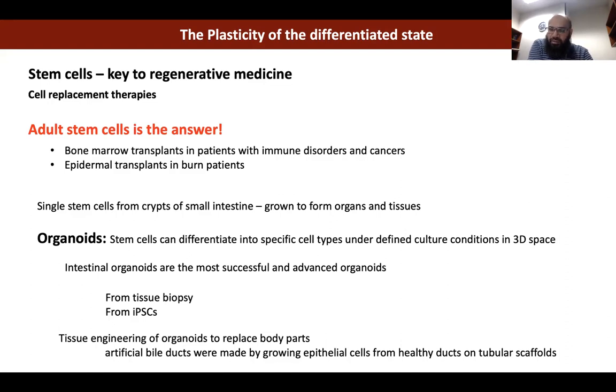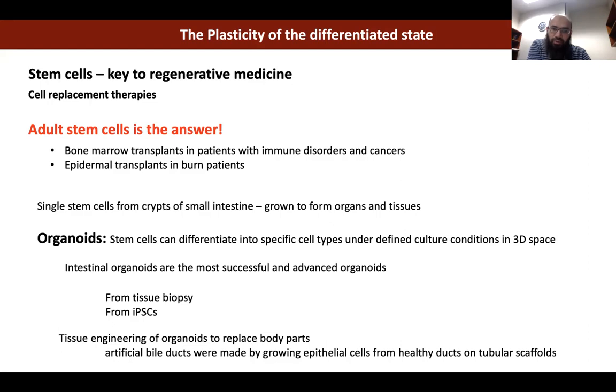The cells grow into this 3D space, and depending on which stem cells you are growing, for example, stem cells from the bottom of the crypt of the small intestine, they will only grow into the small intestine.